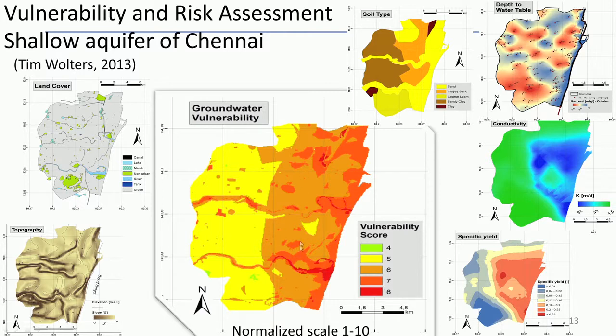And then we have the geographical extent, the spatial extent, of these vulnerability components. What we could see here is the beach line, which is along the Bay of Bengal, and this is coming out as a highly vulnerable area.